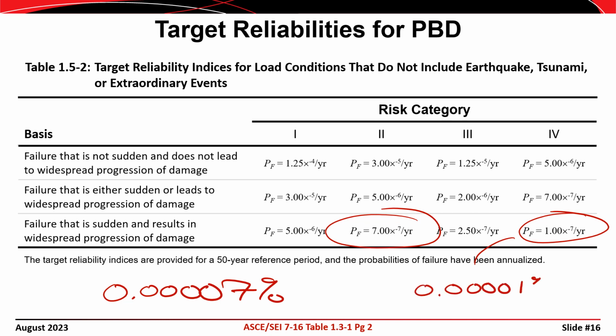I think I got this right: 0.00001% chance of failure in any year. Now, it bears mentioning that each of these probabilities of failure and the reliability indices on the previous slide don't include things like earthquakes, tsunamis, or extraordinary events.